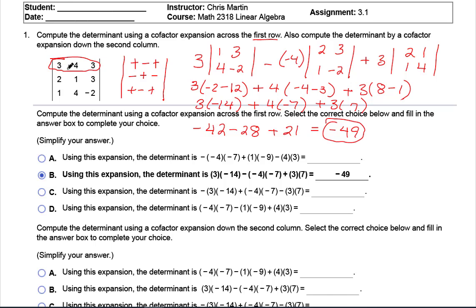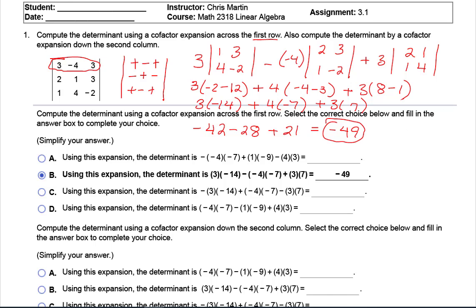So I'm going to get a positive 3 minus a minus 4, so a plus 4, and a plus 3. I get the cofactors by simply covering up the column and row it's in, giving me the 2 by 2 cofactors. And so when you grind that out, we get a determinant whose number is minus 49.